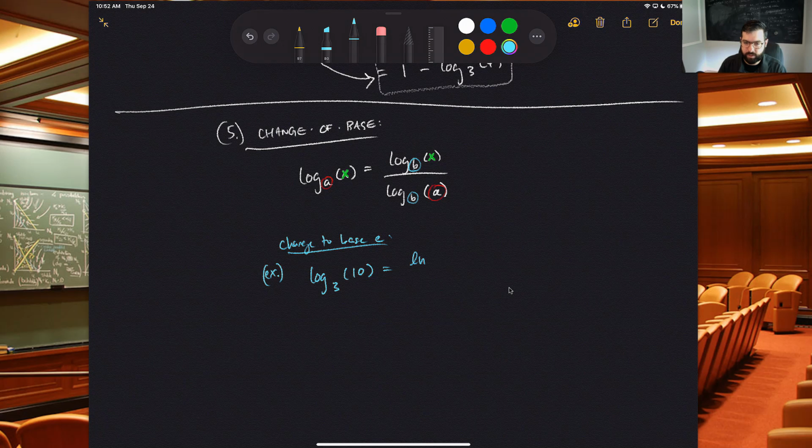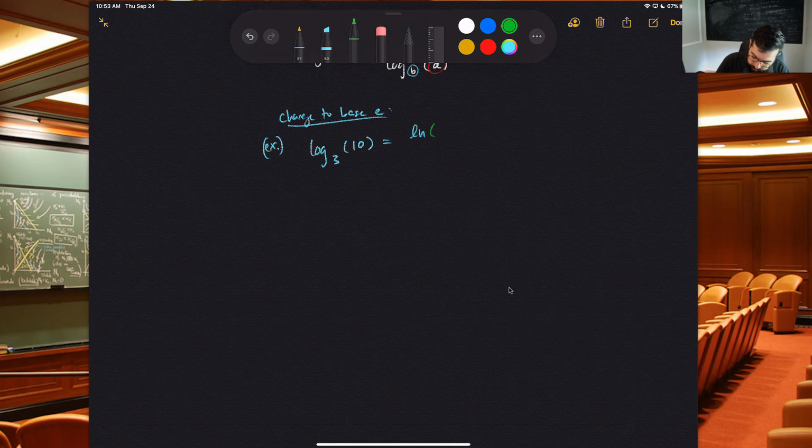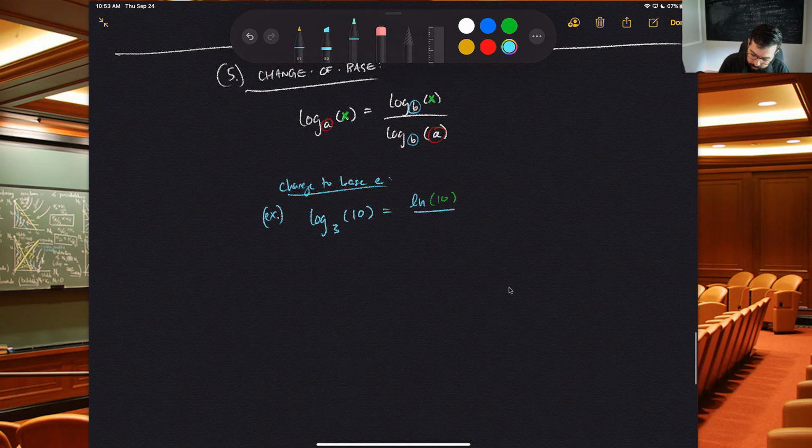Either way you want to write it is fine, but get used to writing ln. ln of the input over log base b, or ln of the previous base, which is 3. Okay, so ln of 10 over ln of 3.